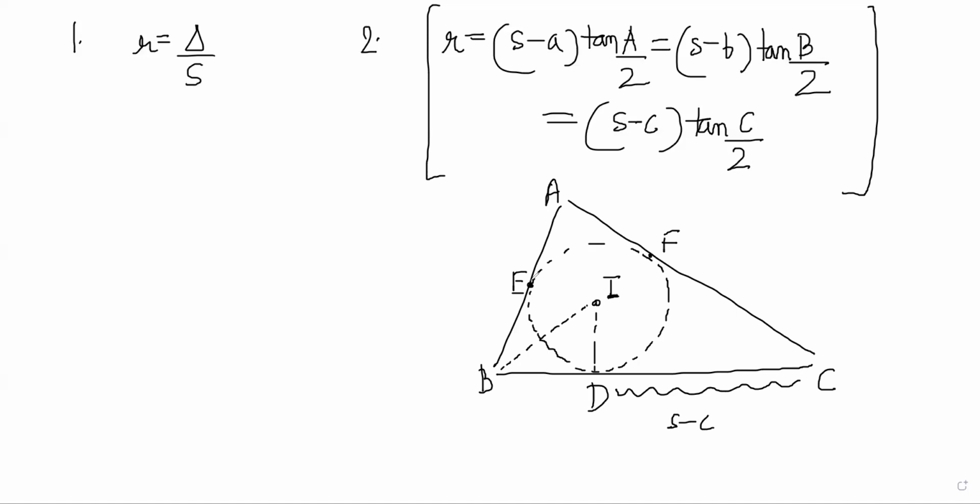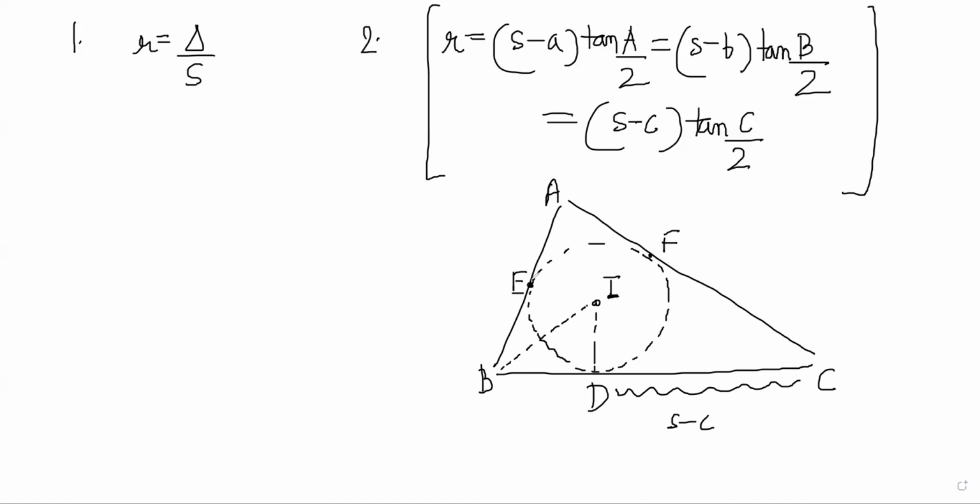So BD will be X and BE will be X. Now give the name Y to AE, and AE equals AF, because of the same reason, from the external point, when you draw the tangents, they will be of the same length. And also name CF equal to Z, and CD will also be Z.